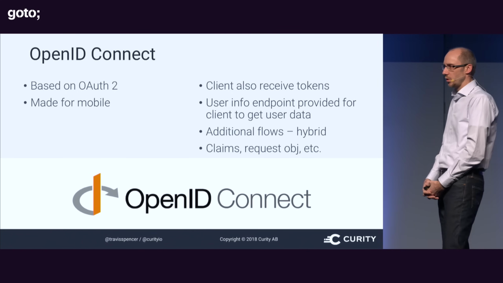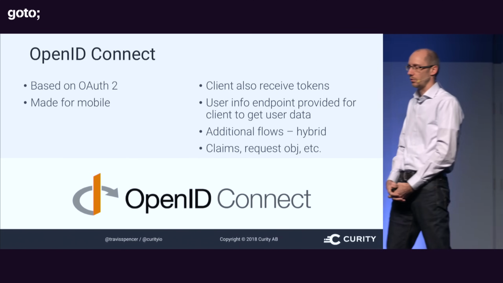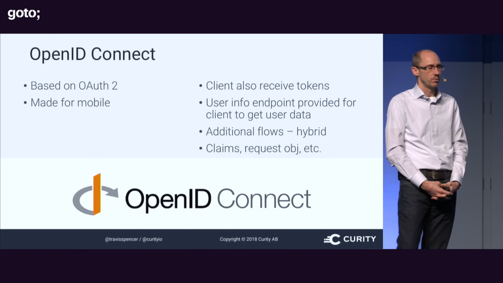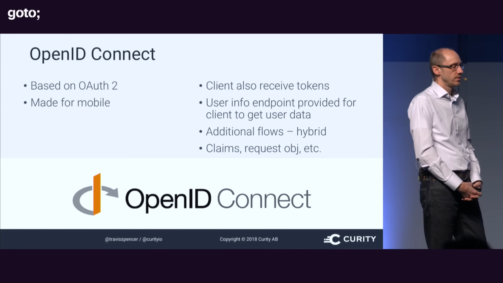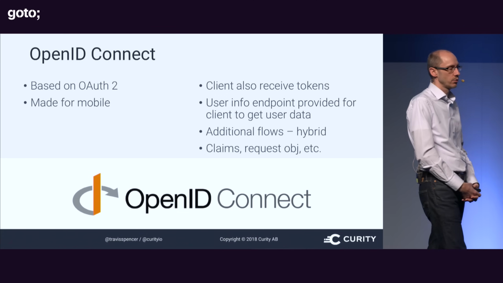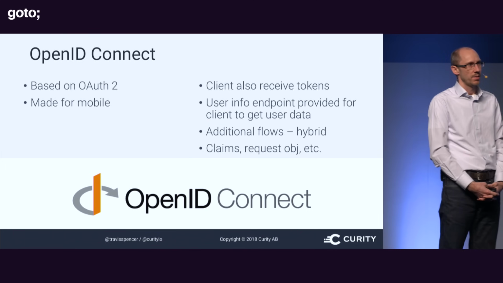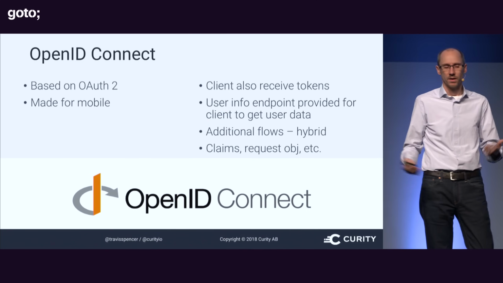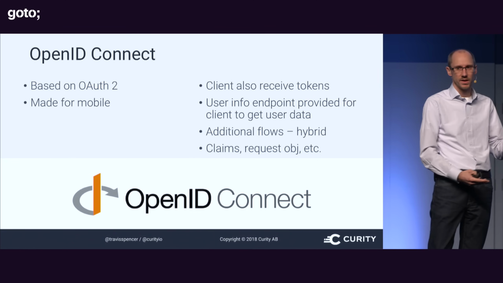The third novelty of OpenID Connect is that it defines some additional flows, and those are 4 variations of what is called the hybrid flow. These are used to create applications that have a single page front end and a back end. And the single page application can get an ID token.